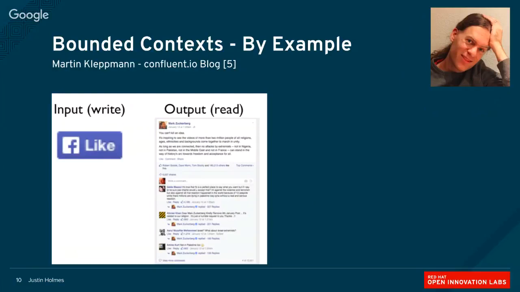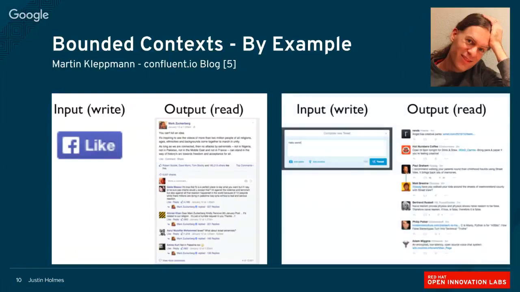In both cases, the domain uses the word like. But what like means is very different in these contexts. So when I'm liking someone's post, that means something quite different than when I'm viewing maybe my timeline and I see all of the likes from all of my friends and everyone in the community.